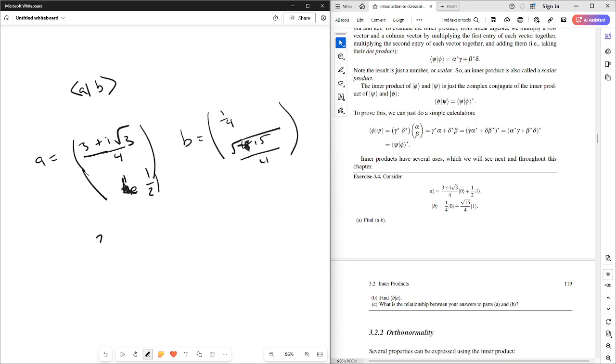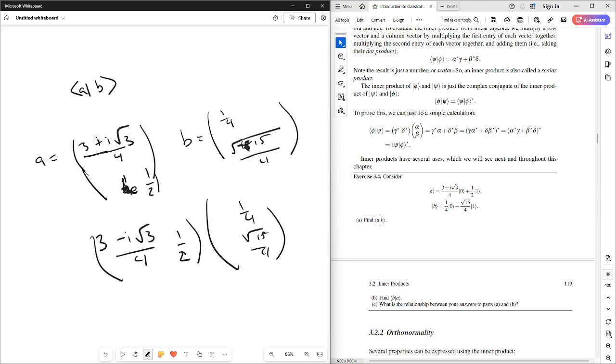So we would have 3 minus i square root of 3 over 4, 1/2, multiplied by 1/4, and then the square root of 15 over 4. We do the dot product, so it's going to be 1/4 times this plus 1/2 times these here, which is 1/2 times square root of 15.